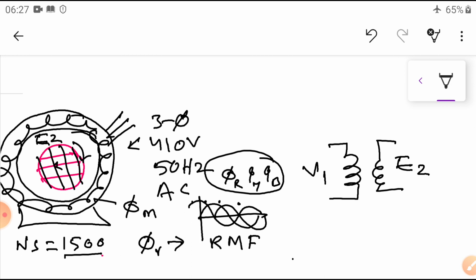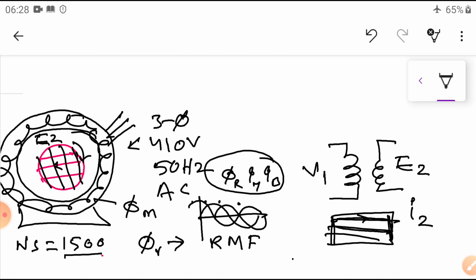Due to the induced EMF, the rotor bars are short circuited at both ends. We have seen already in case of shorted at both ends, whatever EMF is induced, the current is circulated in the closed path. Then the current I2 flows in the rotor conductors.